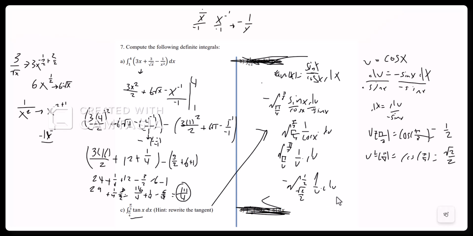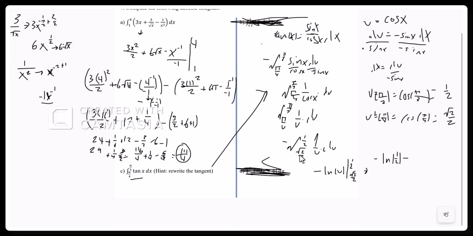Now we could find the antiderivative. So the antiderivative is going to be negative natural log of absolute value of u, between 1 over 2 and square root of 2 over 2. And this is going to equal negative, actually I apologize.